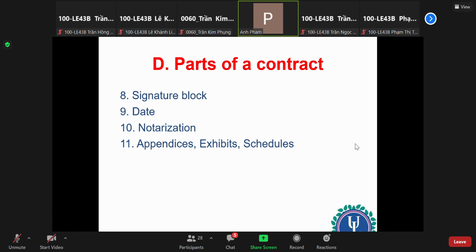The date can be put at the beginning, in the introductory paragraph, or at the end of the contract. It's subject to how you arrange it. It's not a big issue. Sometimes, to be prudent, some parties write the date next to the signature block, next to their signature, saying that I signed this on this date.